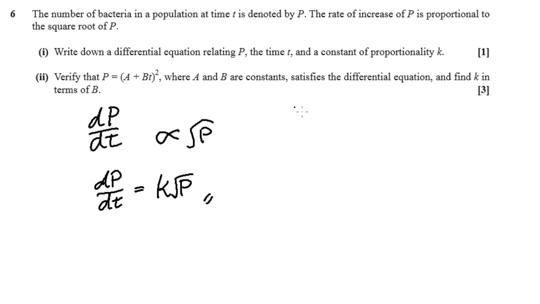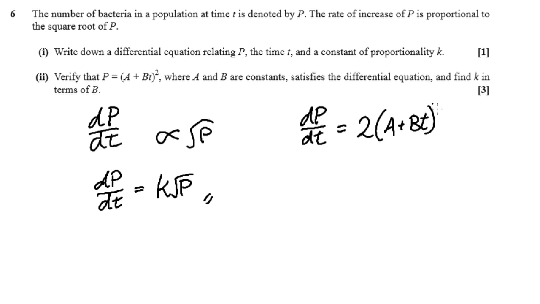Then verify. Basically, do not try to solve this, it's not worth it. Even if you do DE, it's not worth solving this because they gave you a solution. So let's just differentiate a plus bt squared. So dp by dt of that is just, we need to use chain rule, which means that we drop the power and u is a plus bt.